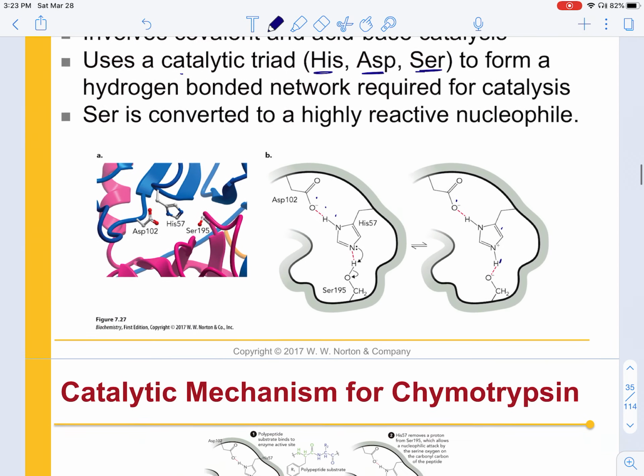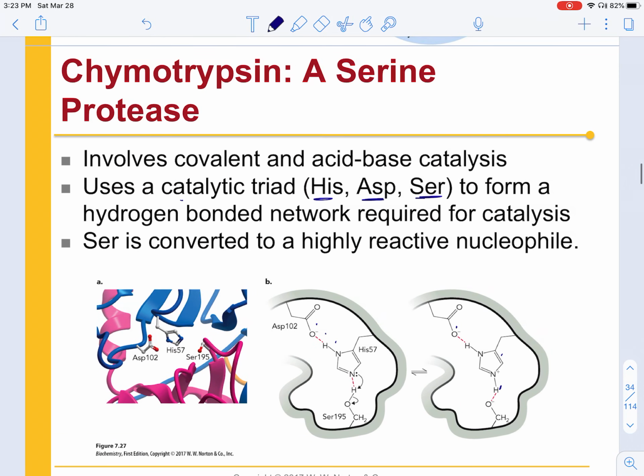Okay, so we're going to go through the mechanism again. It seems complex, but it's not that bad if you just go through step by step. As I said before, chymotrypsin is a serine protease, so it uses an active site serine for catalytic activity. And as we all know, that serine has a hydroxyl group, and it's arranged in such a way that it becomes a very strong nucleophile.